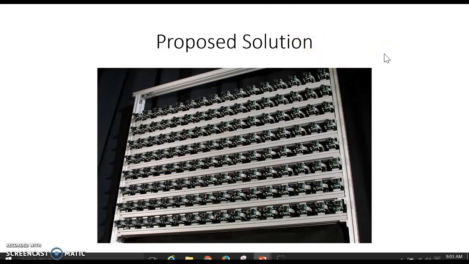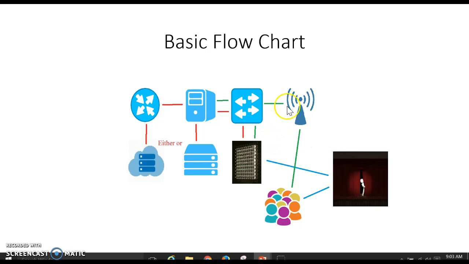What you would do is you take this camera array, and people would walk in, and this is a flow chart of how the application itself would work. Up here you have the stage, you have the audience, you have the camera array.